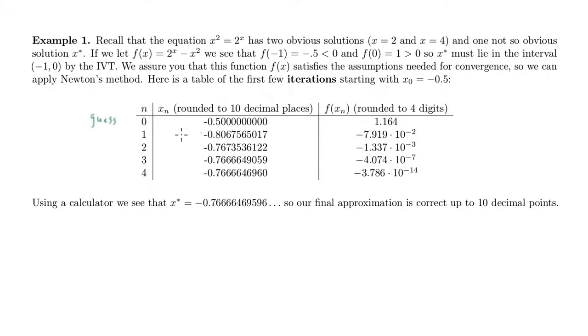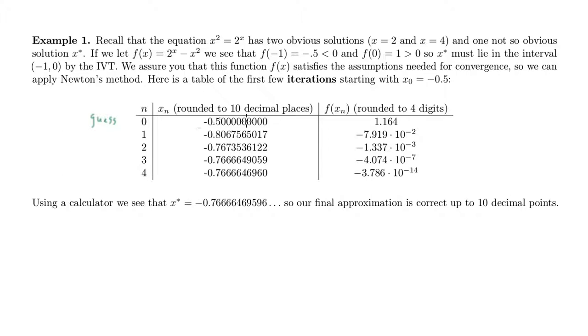And what I'm plotting over here is f of, in this case, -0.5, because remember that f of x star is 0. So if f of xn is getting closer and closer to 0, I know that xn is getting closer and closer to x star.